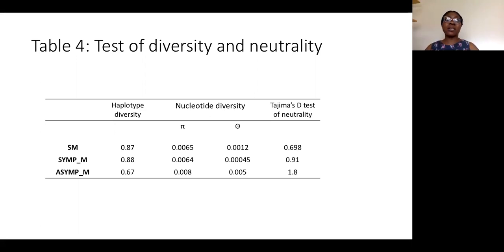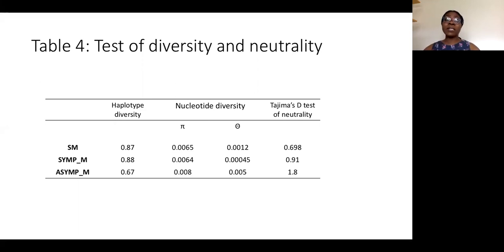So what this means is that this gene is occurring under what we call a balancing selection. So yes, we have underlying human genetics impacting on the malaria pathological outcomes, but it is balancing itself out.